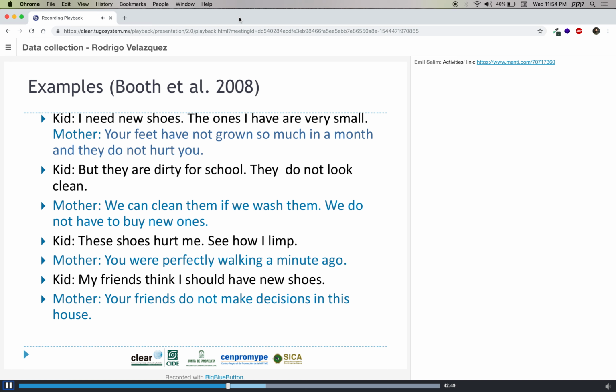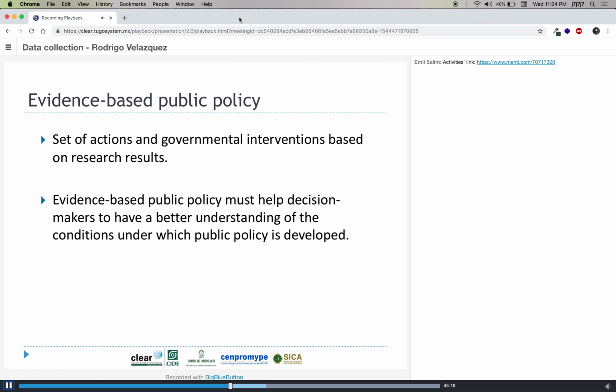So several authors and several definitions say that this is the definition that I am going to include in this slide. This is by Stocker and Evans, and he says that this is based on research, and this means that the research results provide evidence, different types of evidence that supports these actions or interventions.